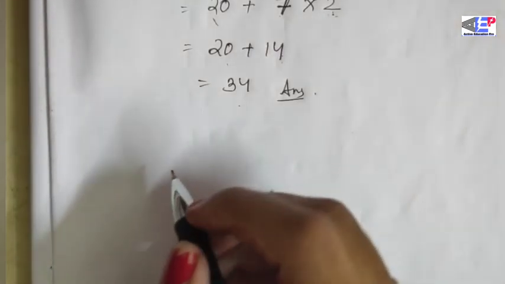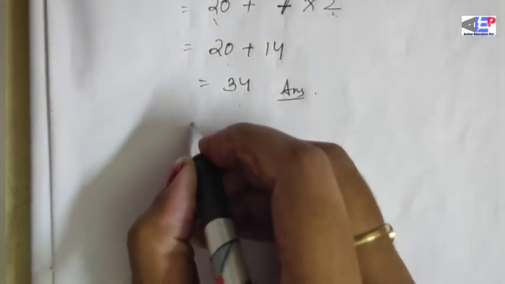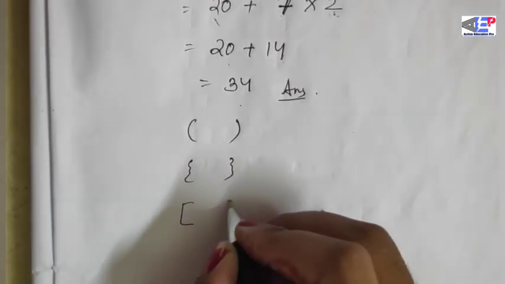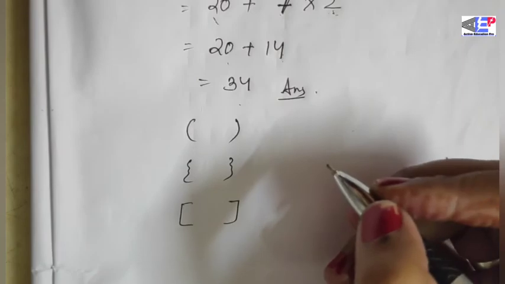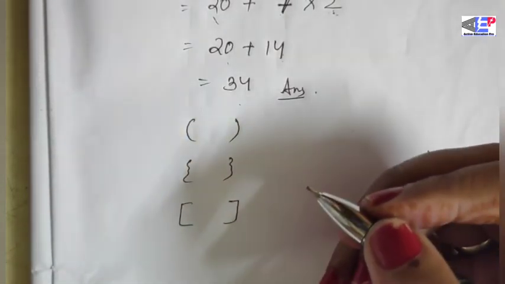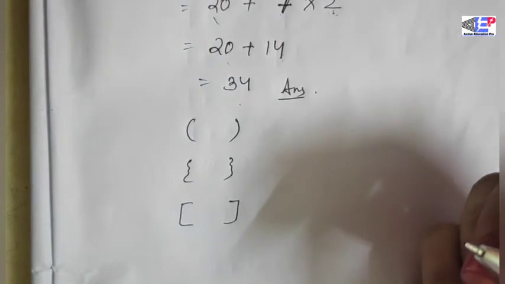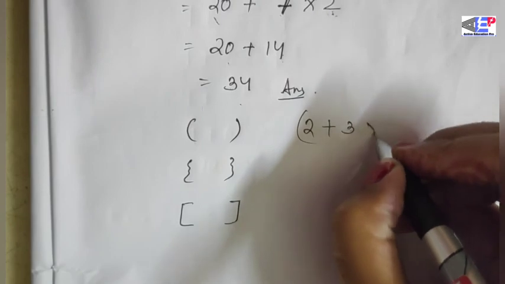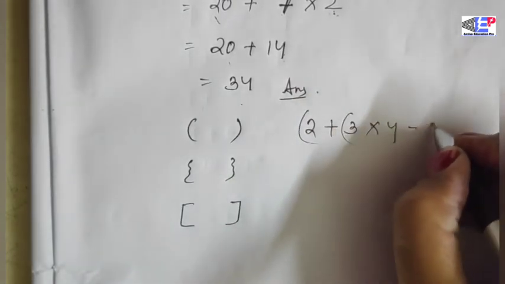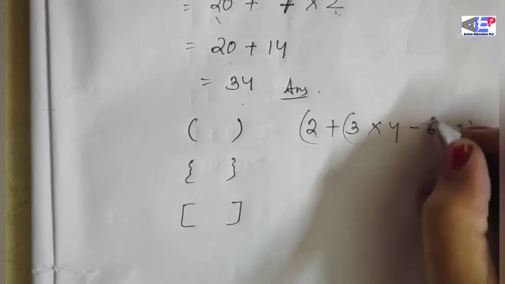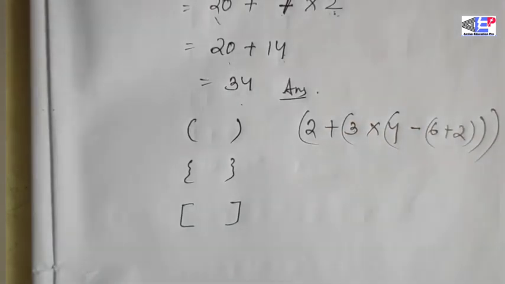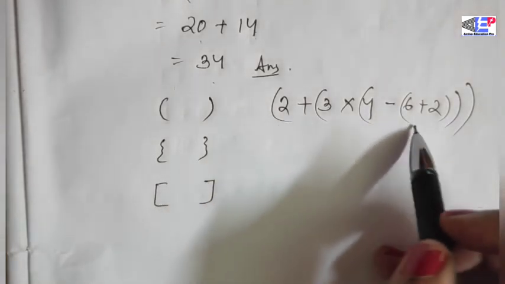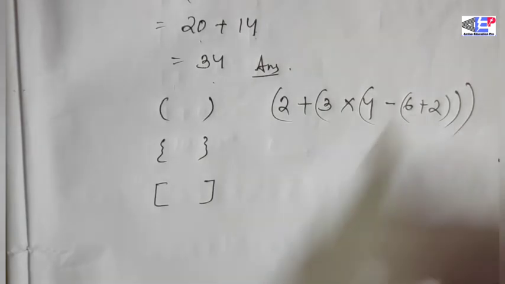Another thing is, there are three types of brackets in mathematics. One is simple bracket or round bracket, another is curly bracket, and the last one is square bracket. If a question has more than one bracket, we use all three varieties. You can write 2 plus 3 into 4 minus 6 plus 2 like this, but it is not good looking.